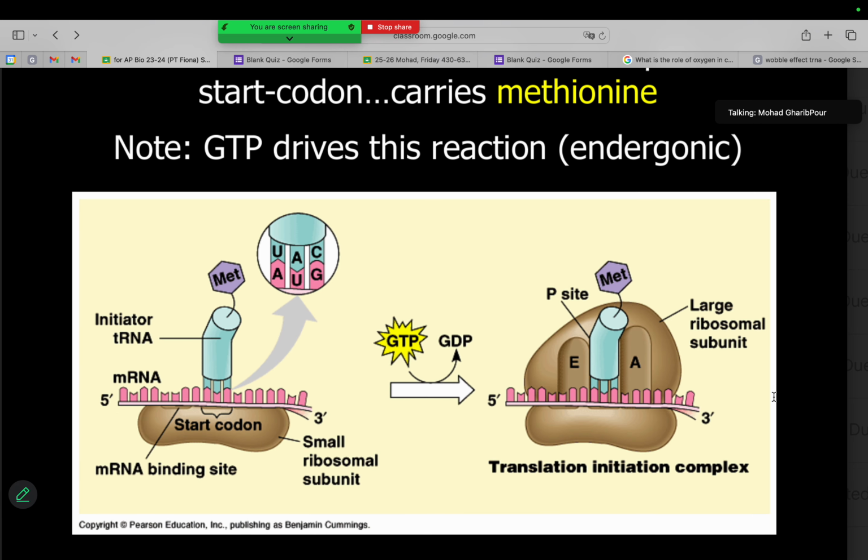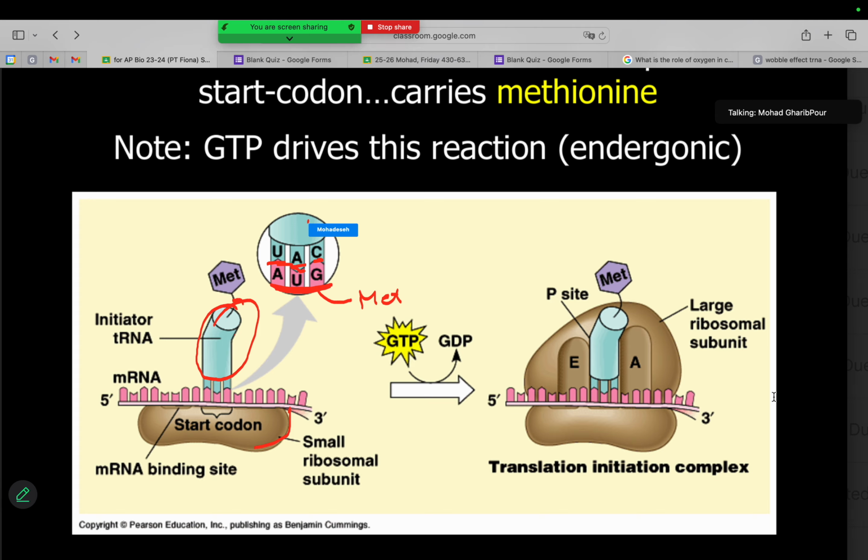Okay. So looking at this diagram, we have our small ribosomal subunit which binds this mRNA. The tRNA comes, the UAC anticodon tRNA, which complements AUG. This codon codes for methionine.